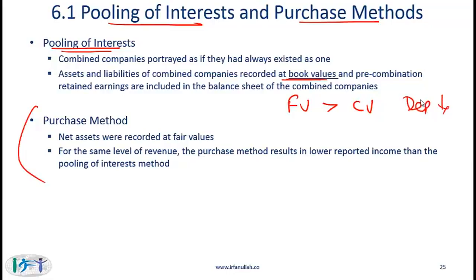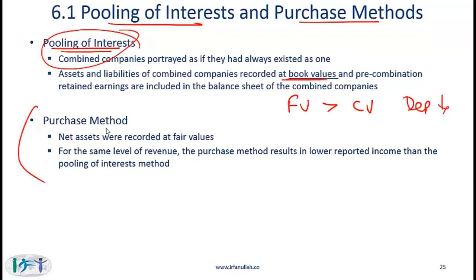So net income will look good, and most profitability ratios will also look good if the pooling of interest method is used. In fact, in the past, when companies had a choice between pooling of interests versus purchase method, then companies generally, if they could, preferred this method.